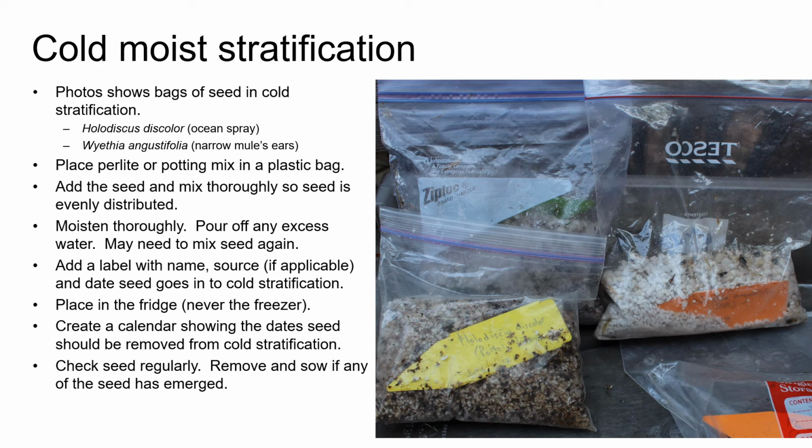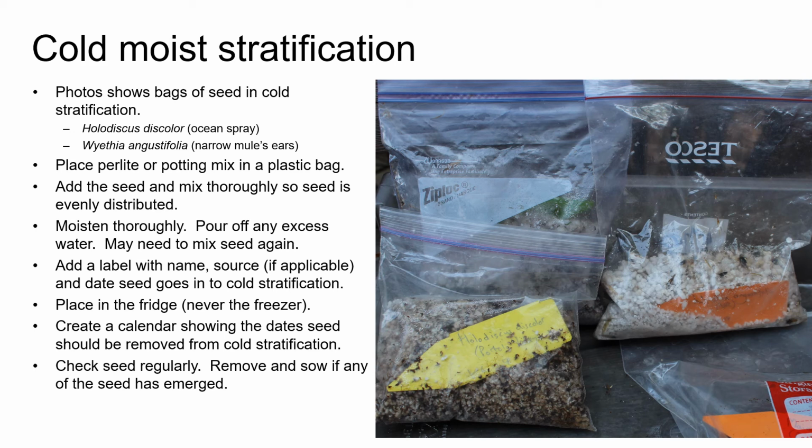Then moisten the whole mixture thoroughly. Don't saturate it. Tilt the bag to see if any excess water drains, and then pour off any of that excess water that's accumulating in the bottom of the bag. If you have water pooling in the bottom of the bag and leave the seed to stratify, you're probably going to find that the seed will rot.